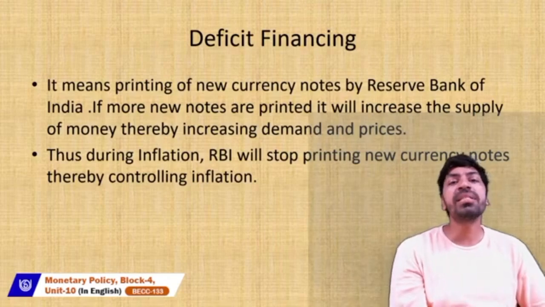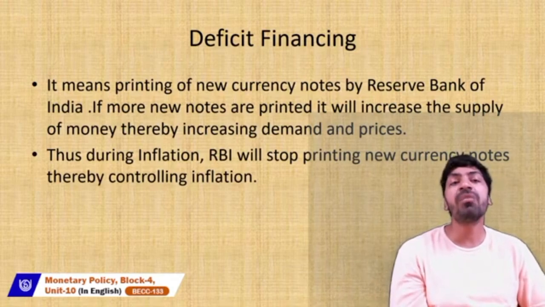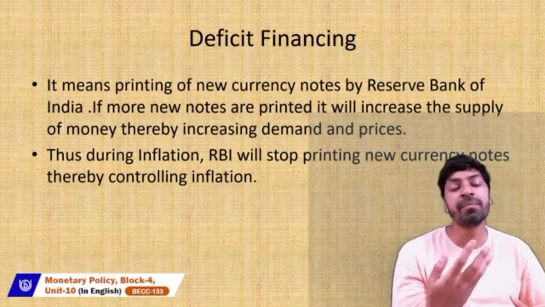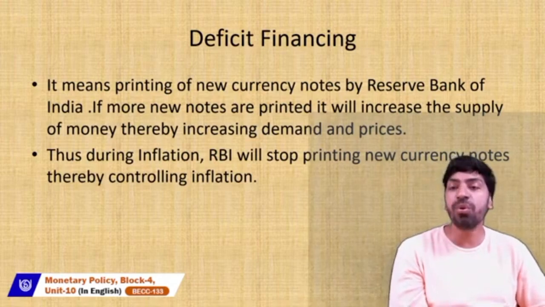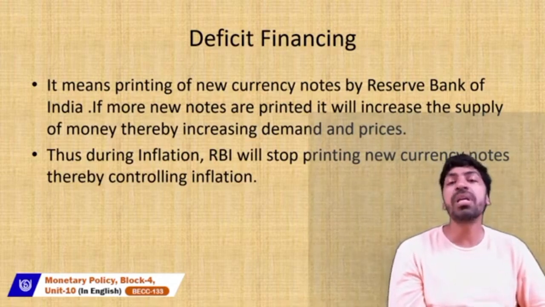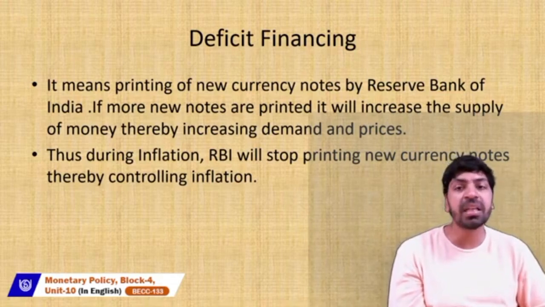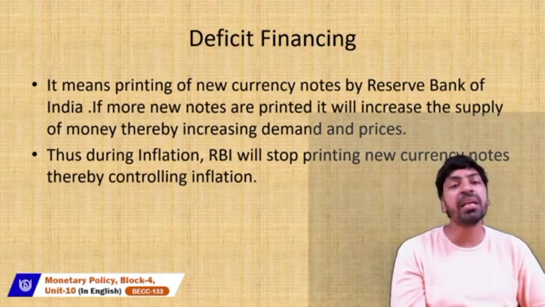The next one is deficit financing. It means the Reserve Bank of India goes into a process of printing new currency notes in India. If more and more new notes are printed, automatically it increases the supply of money.